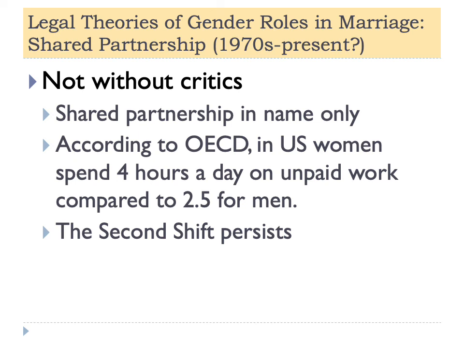While the gap has closed, women in the United States spend 4 hours a day on unpaid work, compared to 2.5 for men. So when it comes to housework, childcare, and those sorts of endeavors, women are putting in 1.5 more hours a day.